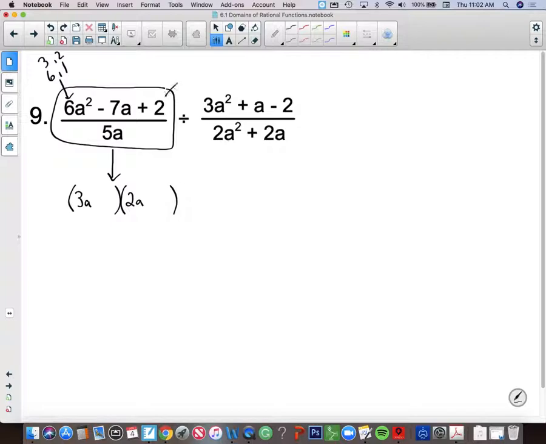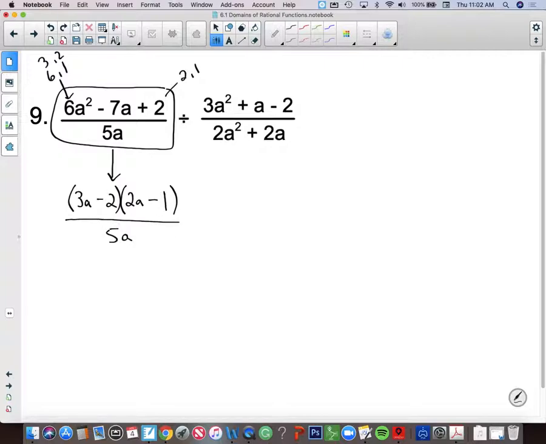And then the back one, we're going to have a 2 and a 1. If we put a 2 there and a 1 there, and then we check our smile, that would be a 3 and a 4. Can we use that to get a -7? Yeah, they both have to be negative. Okay, so that's what the top factors out to. And then the denominator just stays as a 5a. There is no factoring involved for monomials.